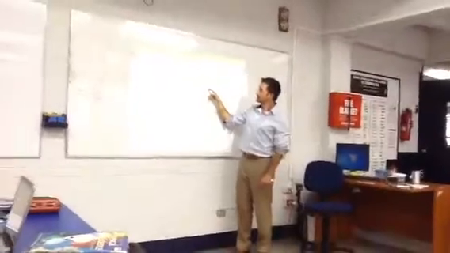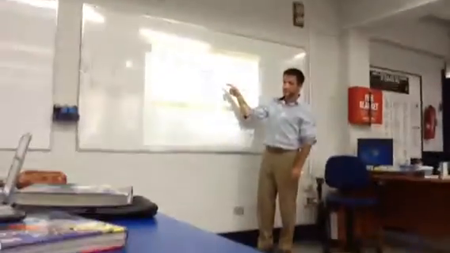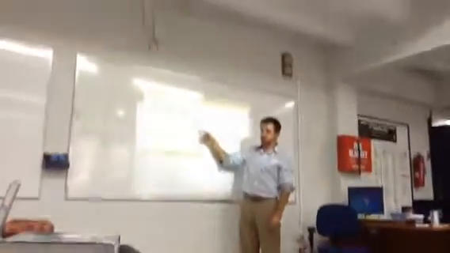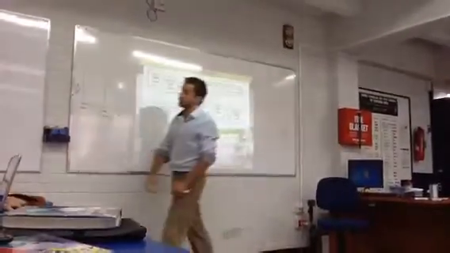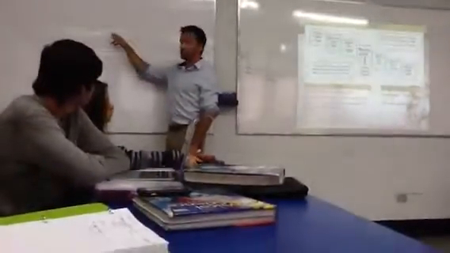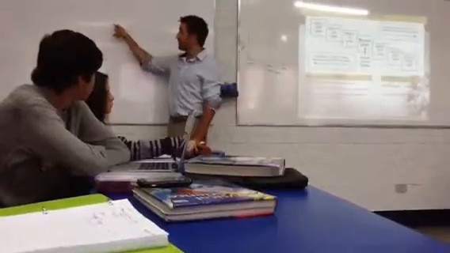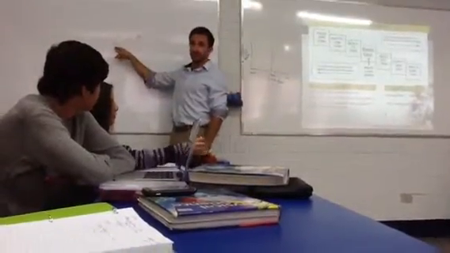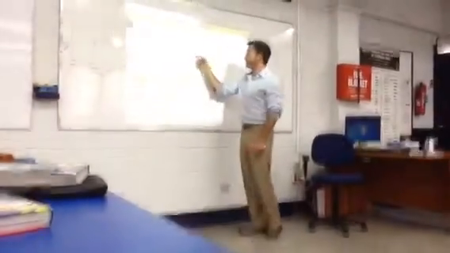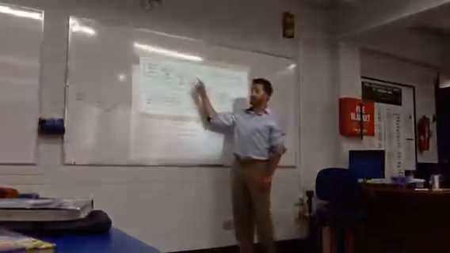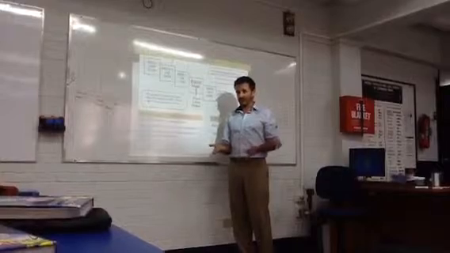See that 0.1? There's 0.1 meters in 1 decimeter. That's where that's coming from. And then going from here to here, it's the same thing.